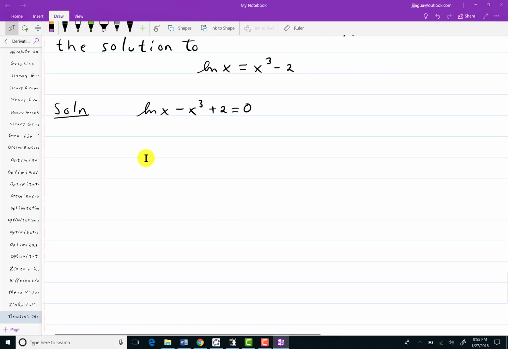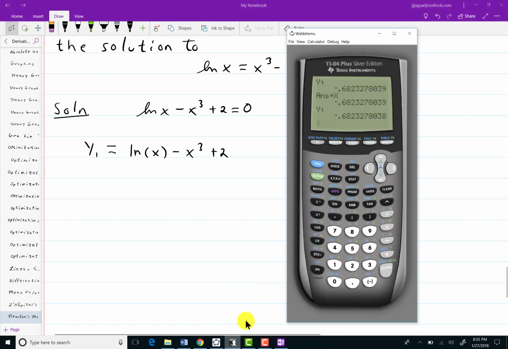So the first thing I want to do is get something of an estimate on where to start as far as a guess. So the first thing I'll do is put y1 equals this stuff. So ln x minus x cubed plus 2, and then I'll just zoom 6 it.